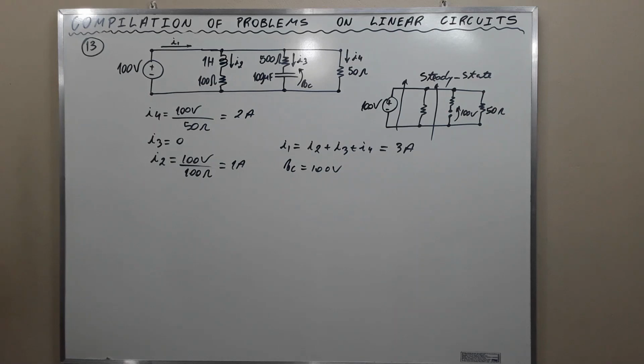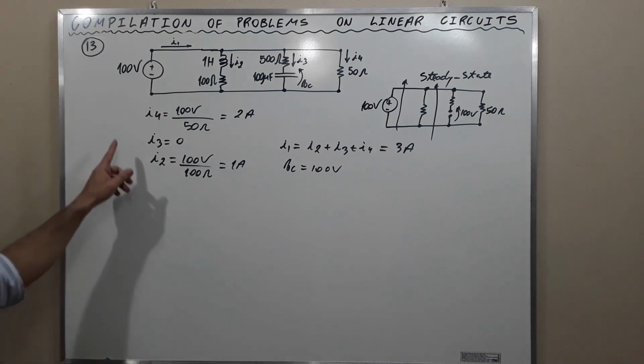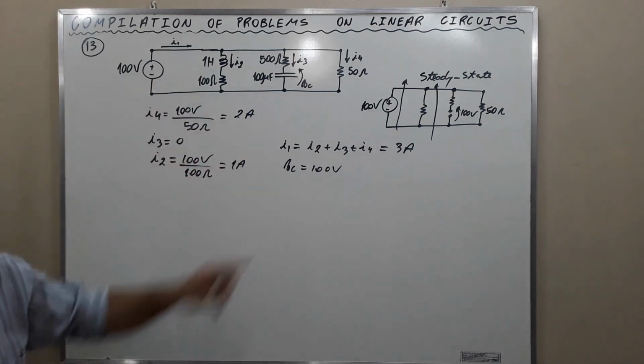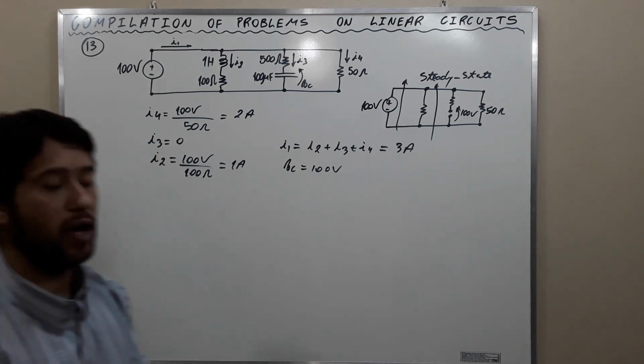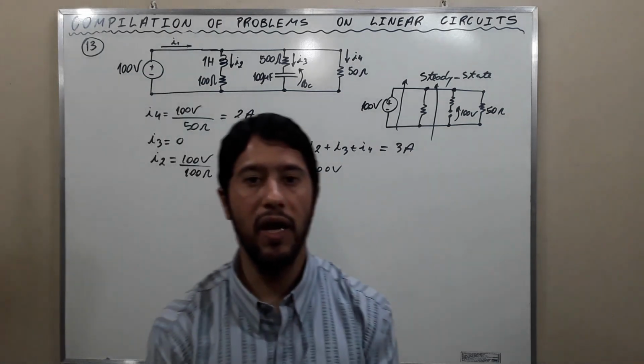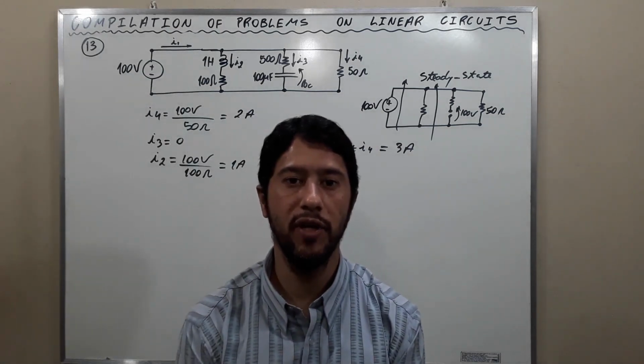And in this way, we've found all the solutions: the solution for the currents and the capacitor voltage. We have calculated everything. Okay, my friends, this is all for exercise 13. Let's go to exercise 14 now.